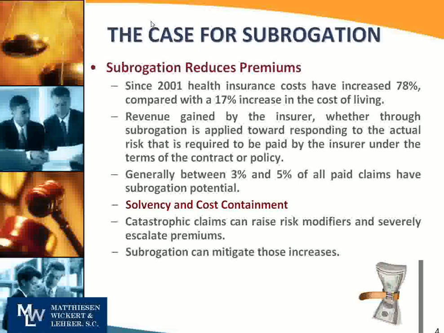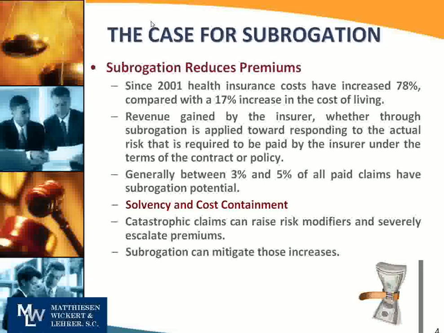Generally, between 3 and 5% of all of our paid claims are going to have subrogation potential. Obviously, that's going to vary by what kind of product you're writing, who your pool of insureds are, and what state you are in. But that's a very general number that we've been seeing around the country.